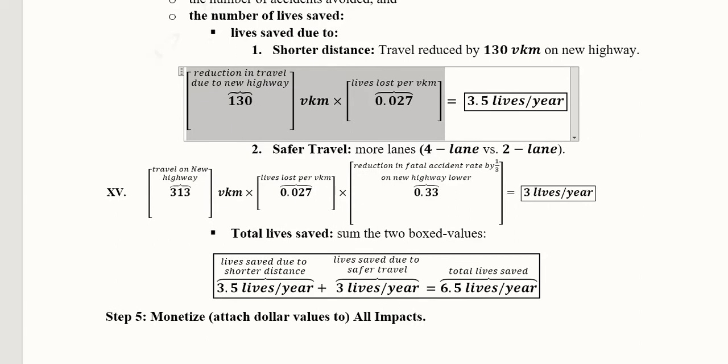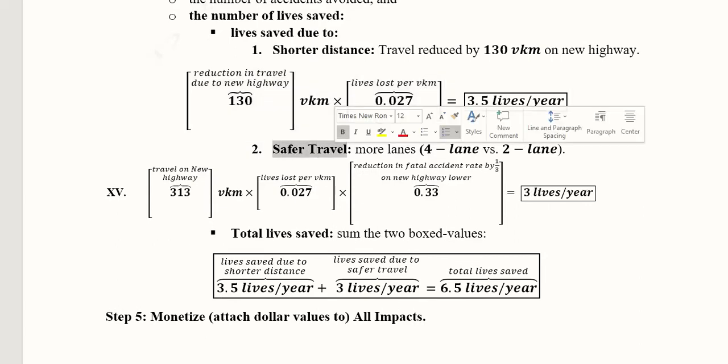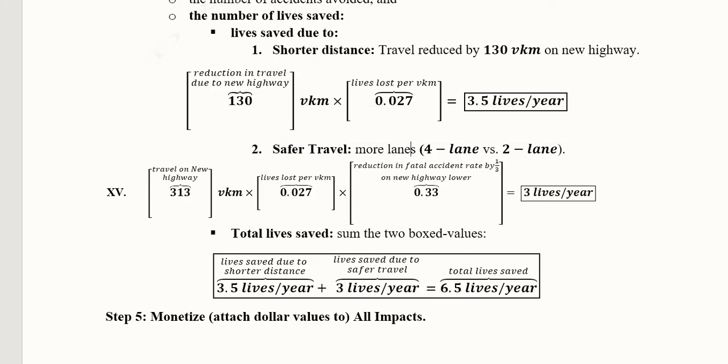Now the other reason for saving lives is safer travel, and safer travel is because there are more lanes as compared to the older highways. So this will also reduce the lives lost. Travel on the new highway is this much, and lives lost per vehicle kilometer are this.